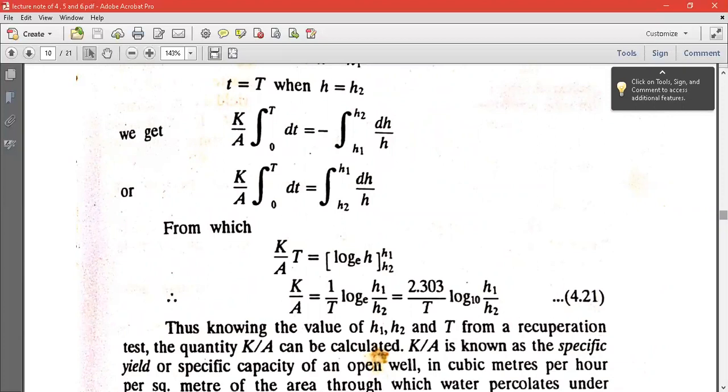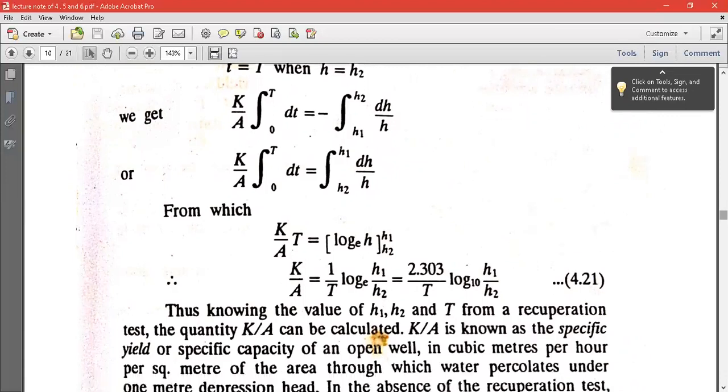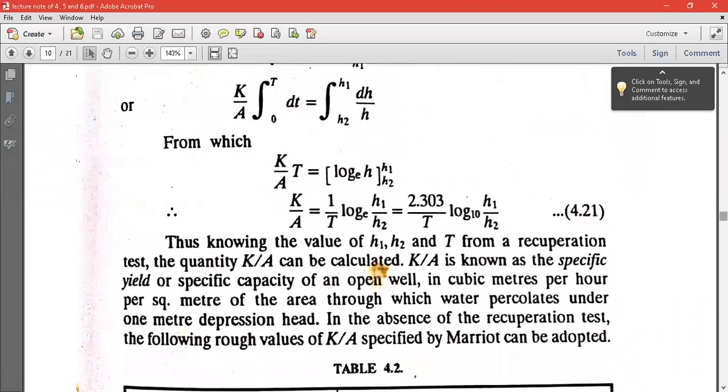Thus, knowing the depression heads H1 and H2 and T from a recuperation test, the quantity K by A, which is nothing but the specific yield or specific capacity, in cubic meters per hour per square meter of area, can be obtained.